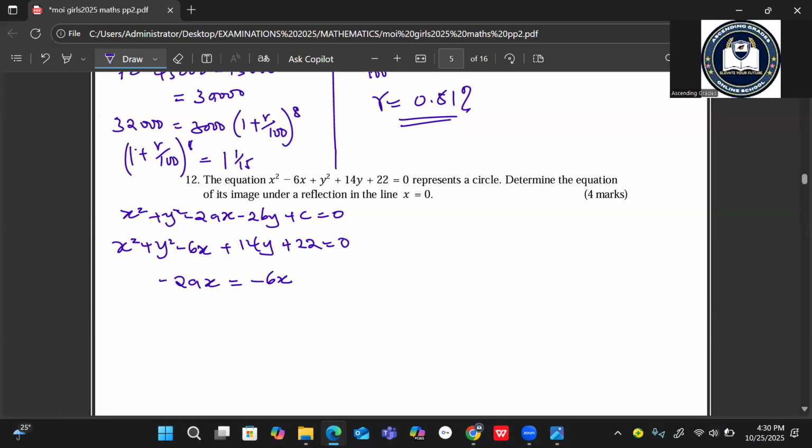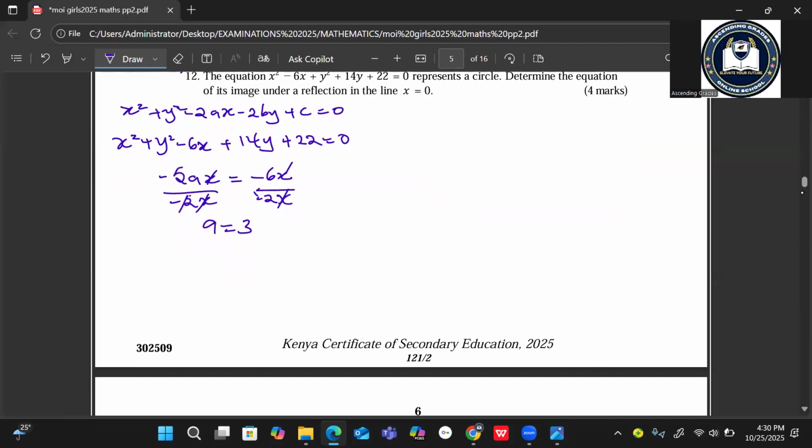We divide both sides by negative 2x, so we shall have a being equal to 3.